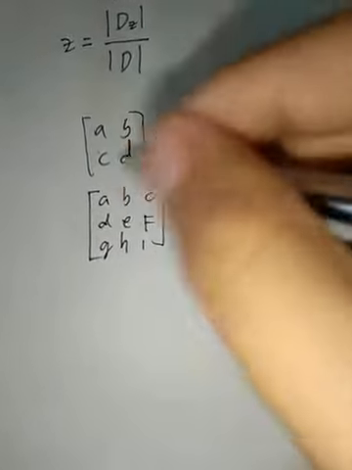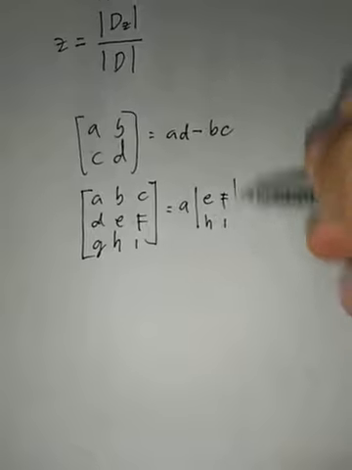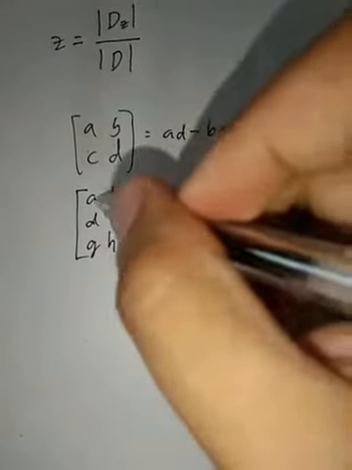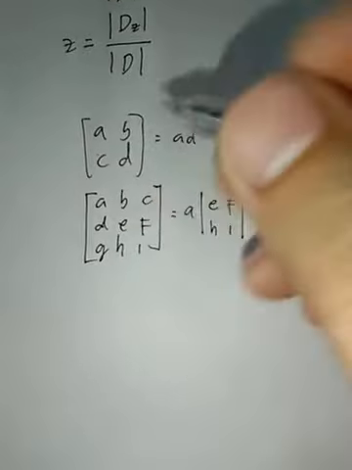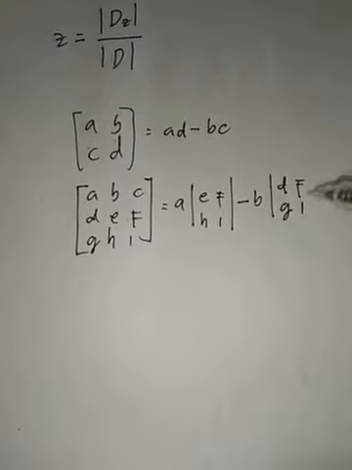So, take A, then its determinant: remove its row and column, leaving EF, HI. Minus B, then remove, leaving DF, GI.